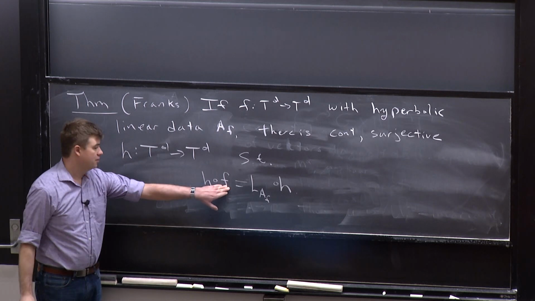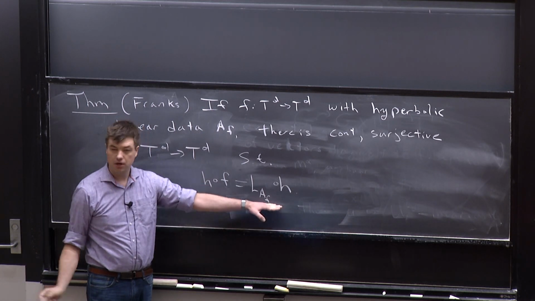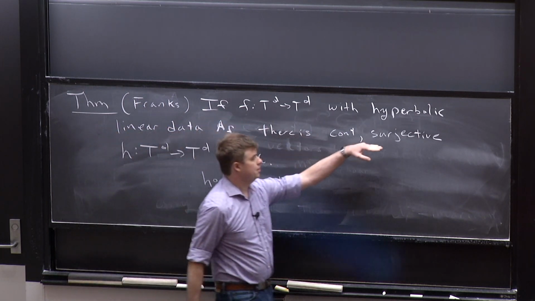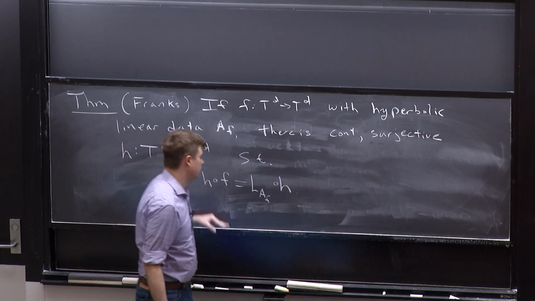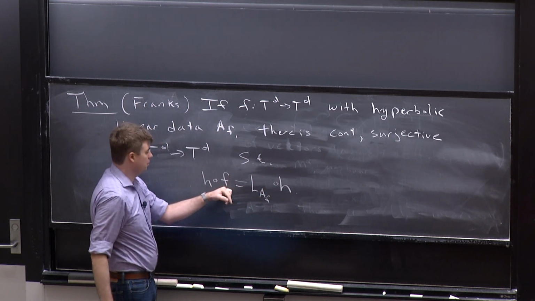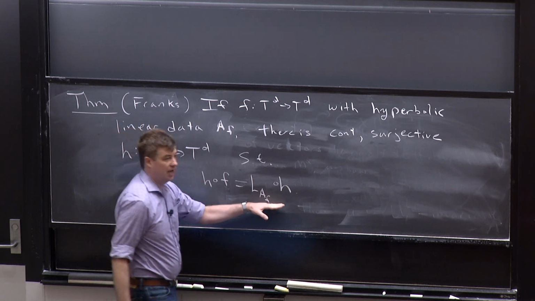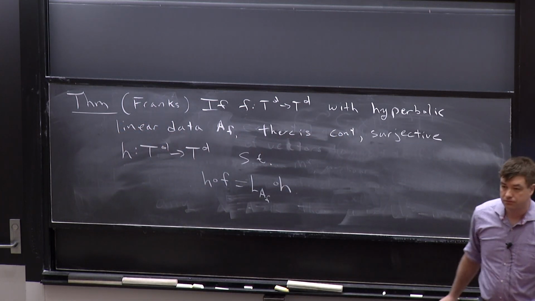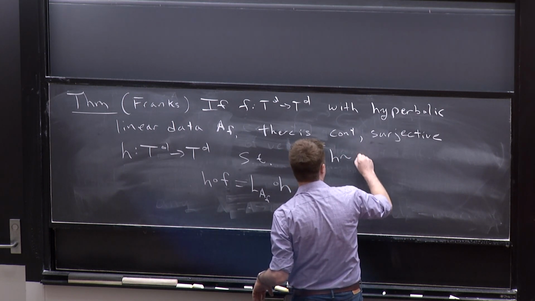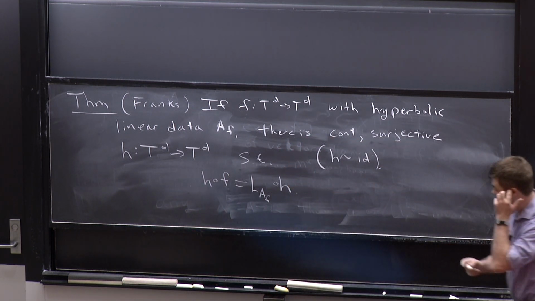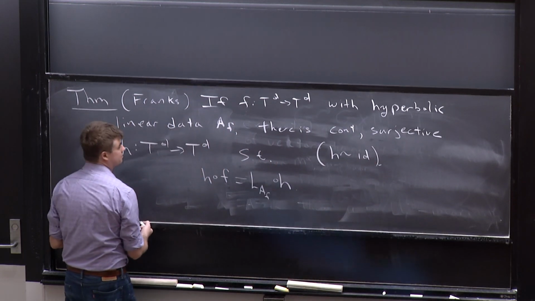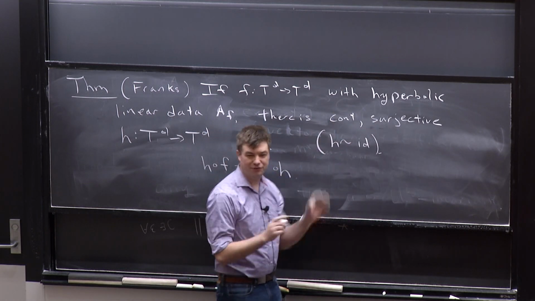So any homeomorphism whose induced action on homology is hyperbolic, up to maybe a non-injective continuous change of coordinates, the abstract homeomorphism is given just by this linear action. And yes, if you want to be very fancy, H is homotopic to the identity. And that's, of course, how you get it to be surjective.